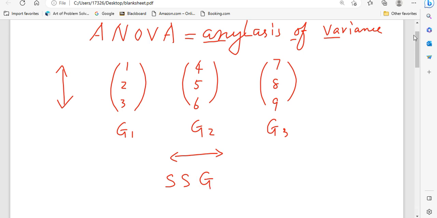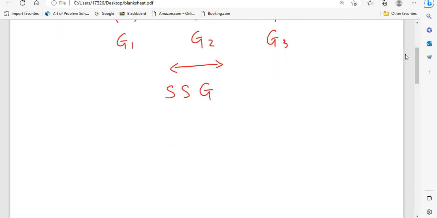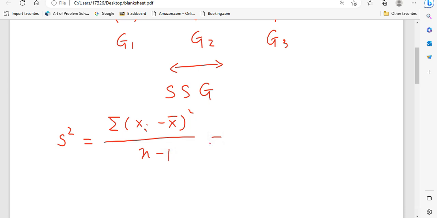So what is variance at first? According to the formula, sample variance equals summation of xi minus x bar squared over n minus 1, right? We denote the numerator part as the sum of square of total, and this n minus 1 is the degree of freedom.